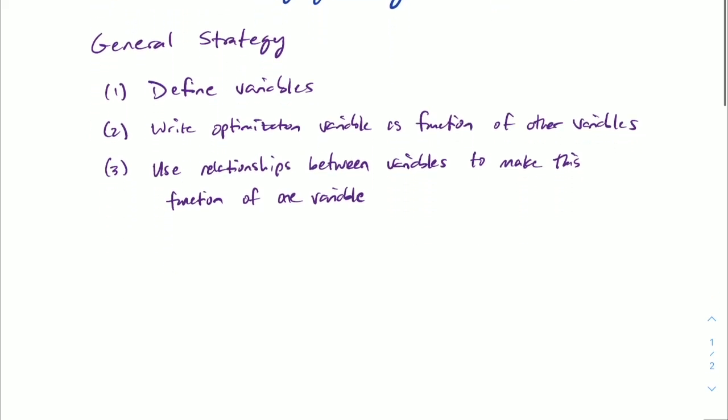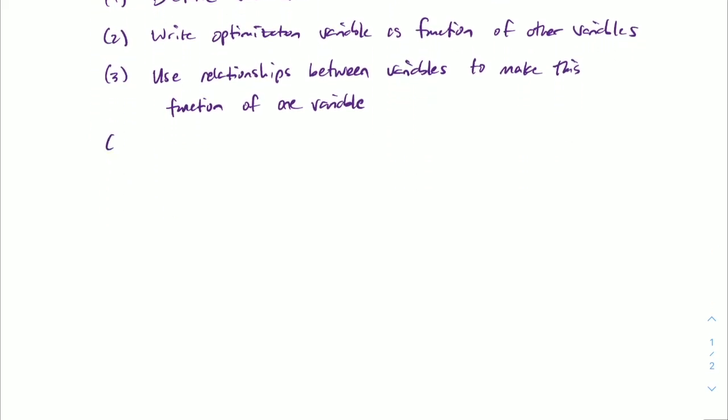And then part 4, we're going to differentiate this function to optimize. So we differentiate and find the zeros of the derivative to optimize this function.